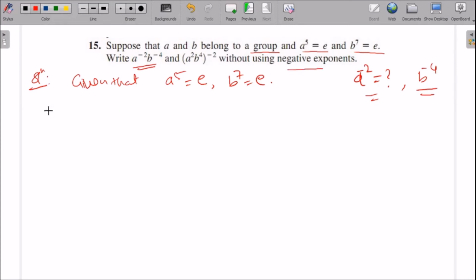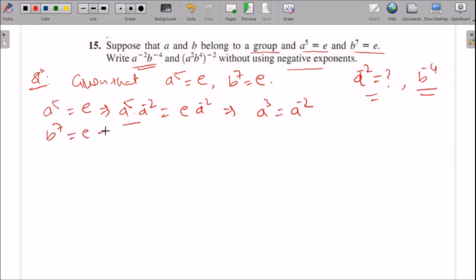So from a^5 equals identity, we multiply both sides with a^-2, and this gives a^3 equals a^-2. Similarly, b^7 equals identity, and what we need is b^-4, so multiplying both sides by b^-4, we get b^3 equals b^-4. So we have the values of this one and this one too.